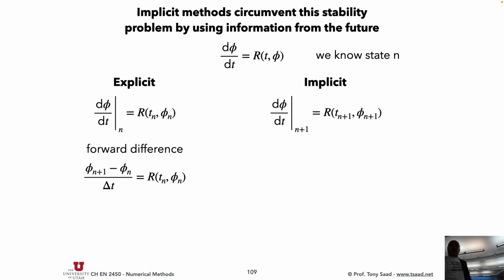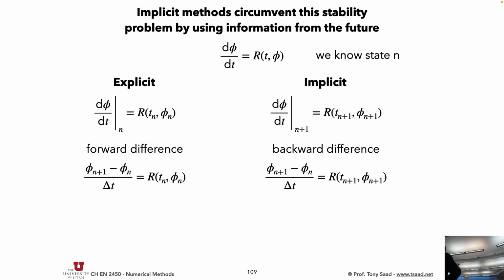Now you take that derivative and approximate it with a backward difference, and you get this formula: phi n plus 1 minus phi n over delta t. It's the same as before, but look at the right-hand side. This right-hand side is at n for forward Euler or explicit methods; this right-hand side is at n plus 1. And we call this an implicit method.